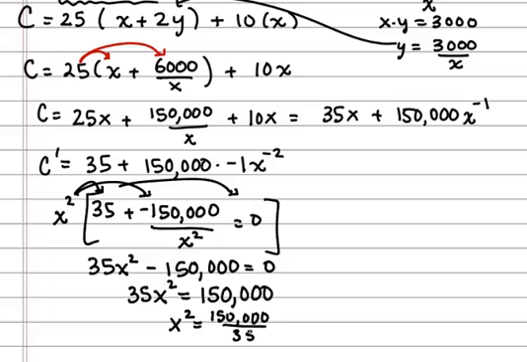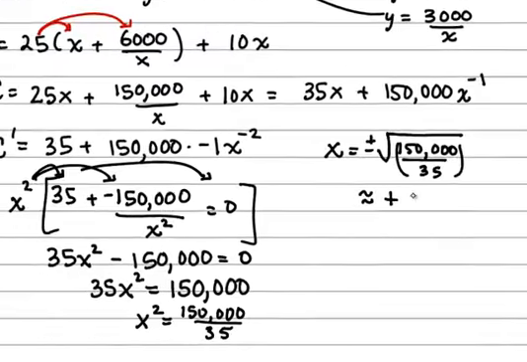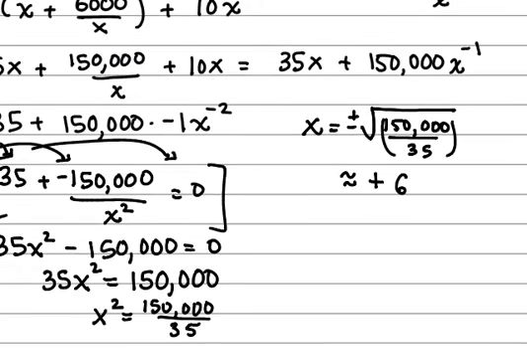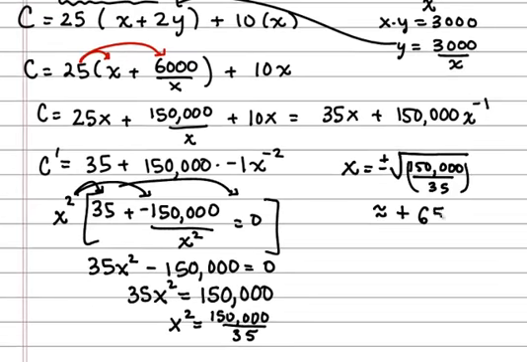And then by isolating x squared here, we calculate that x is equal to the square root of 150,000 over 35, which is approximately 65.465 feet.